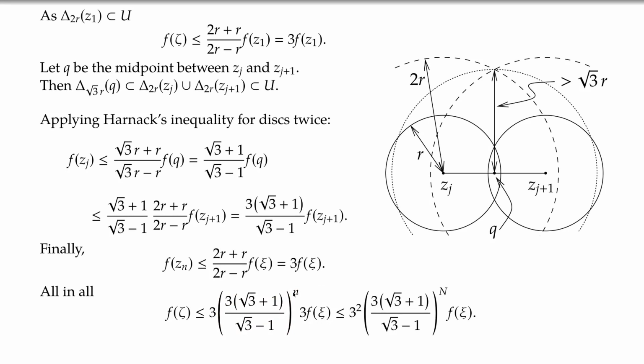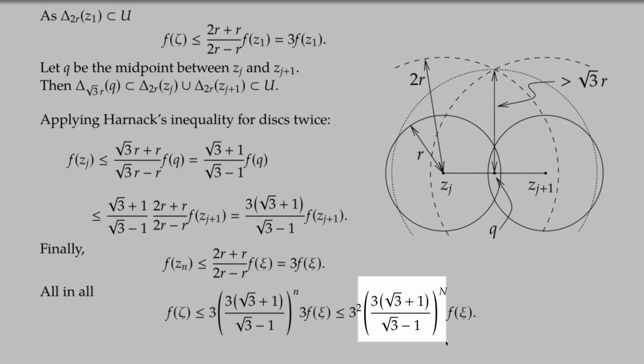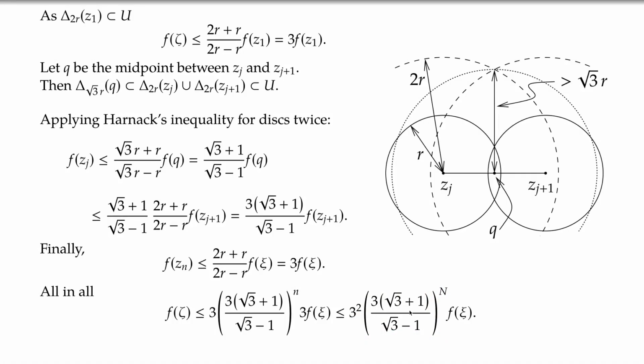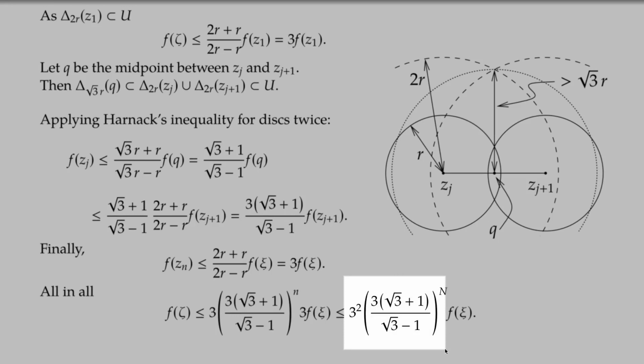Now this n is less than or equal to capital N, so we get this constant over here. Capital N is the only thing that this depends on. That didn't depend on the c or the zeta.